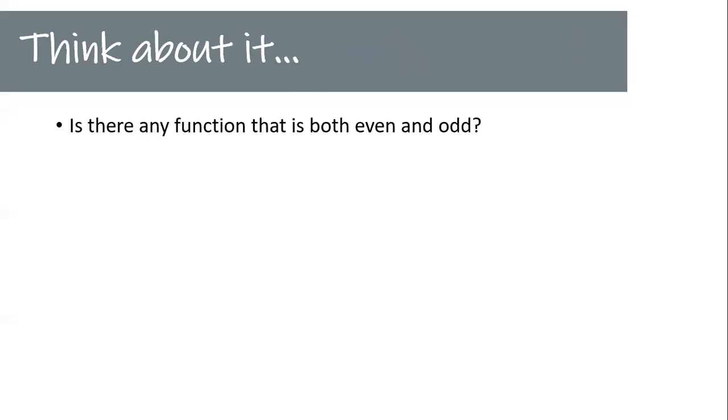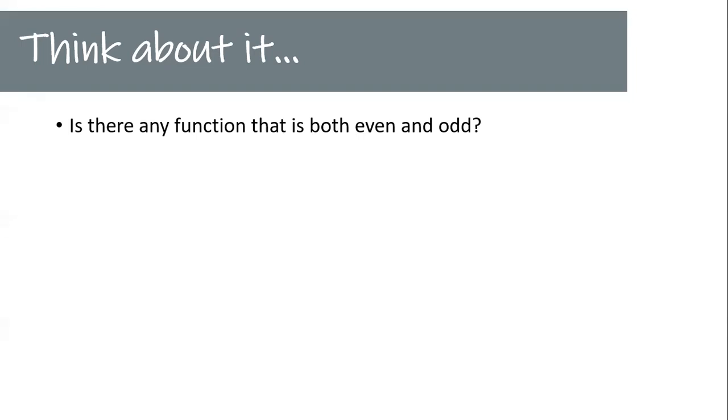Now I know your brains are tired after this entire lecture, but let's think for a second. Is there any function that could be both even and odd? That is, is there any function that would reflect across the y and also be symmetric across the origin? From an algebraic standpoint, I would have to have f of negative x equal to f of x and equal to negative f of x.